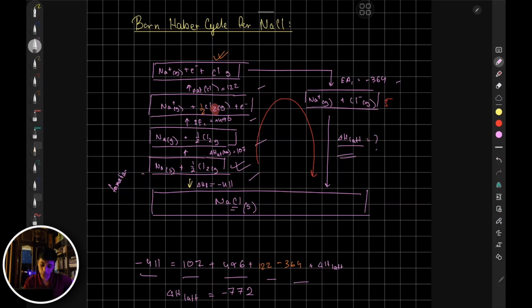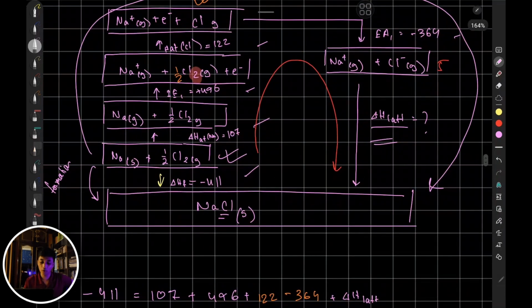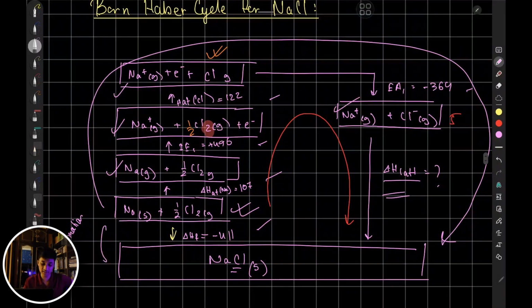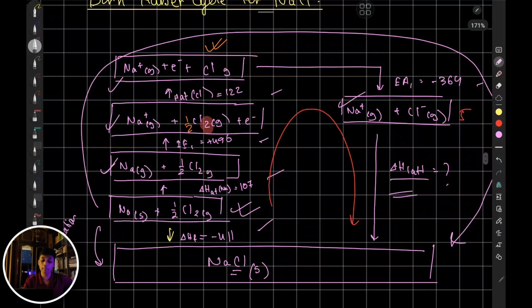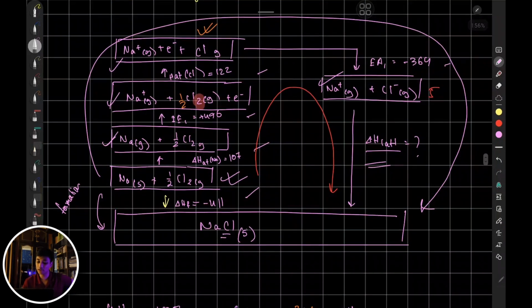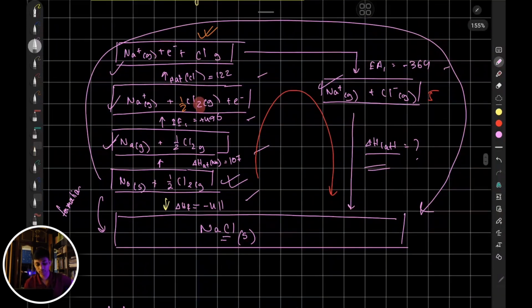This is the direct approach, and this is the indirect approach of calculation, right? But always remember, at the end of the day, all of these steps are actually happening. Even if you write this direct equation, know that all of these steps must be happening so that you get the main compound or the main product.